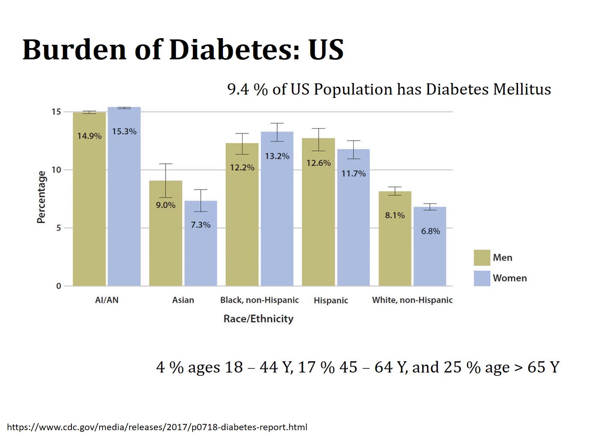If you look at the bottom, you can see that diabetes mellitus increases with increasing age. About 4% of individuals between the ages of 18 and 44 have it, 17% between 45 to 64, and about 25% over the age of 65. So the older you get, the greater is the chance of having diabetes.